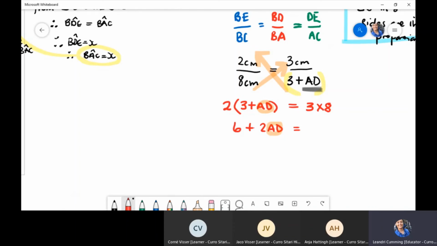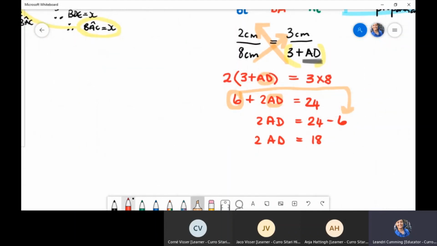Continue with 3 times 8 is 24. And then we've got 2AD. Now we're solving. I bring my 6 from the left-hand side over to the right-hand side, which means my sign has to change, and it becomes -6. 2AD is equal to 24 minus 6, which is 18.